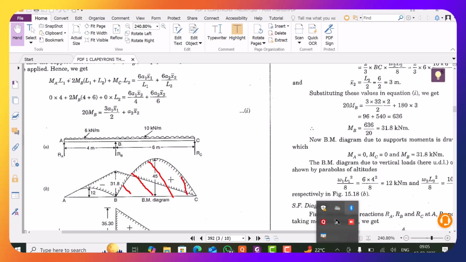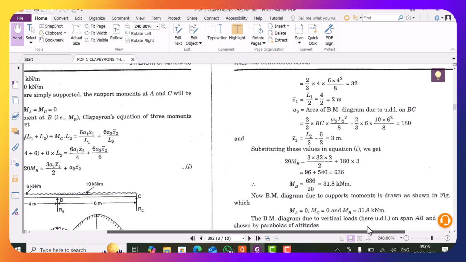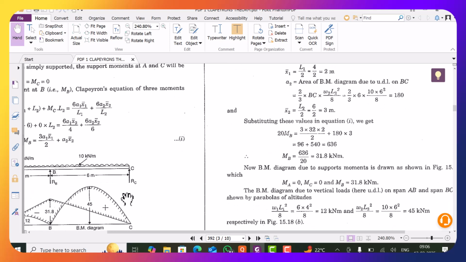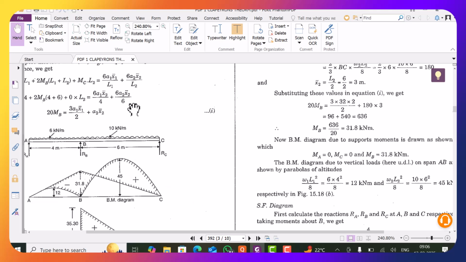Again, the area of a parabola is 2/3 base, where the base BC is 6 meters, multiplied by altitude or height, which is 45. So see here, A2 is equal to 2/3 base, 6 meters, into height 45. So A2 is coming 180. Now how to calculate x2?